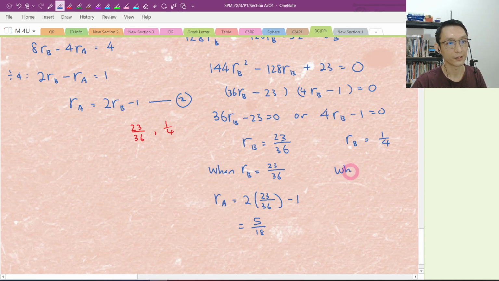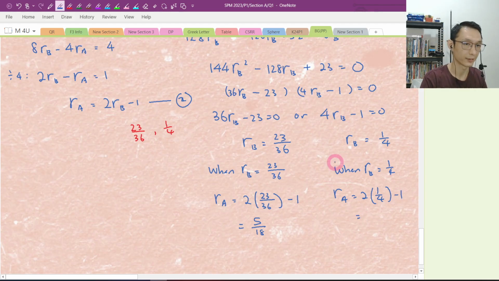How about this? 2 times this minus 1. So this is negative 1 over 2. Now I have two pairs. So how do I determine which one is actually the pair that we want?